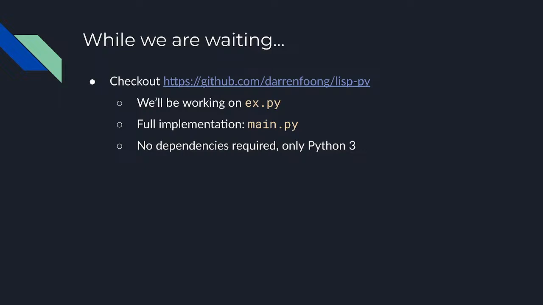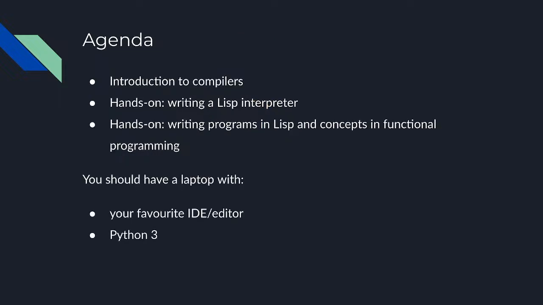Okay, so the agenda for today is going to take around 2 hours. We'll start with a bit of theory, an introduction to compilers, and then two hands-ons. First, writing a Lisp interpreter. It's more like copy-paste, but you'll be typing something.